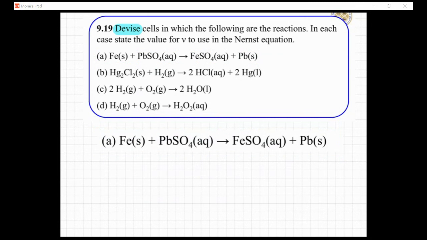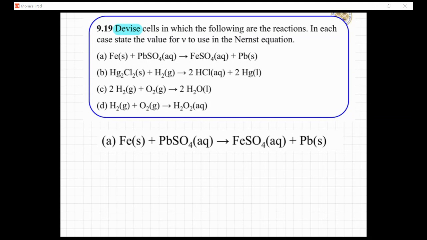As I said, we want to devise the cells, so we have to write the two reduction half reactions, and we have to write the cell notation, and we want to find the value of nu. So this is what we want to do.